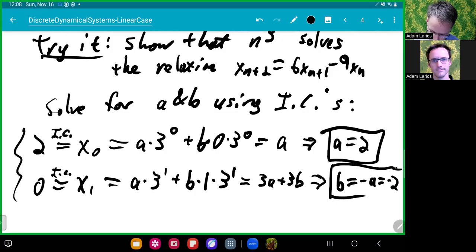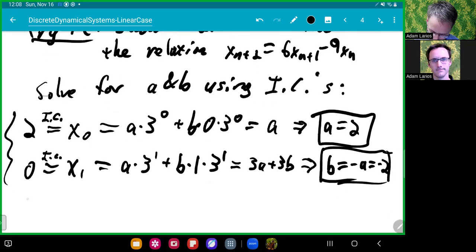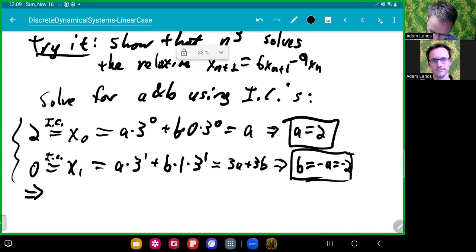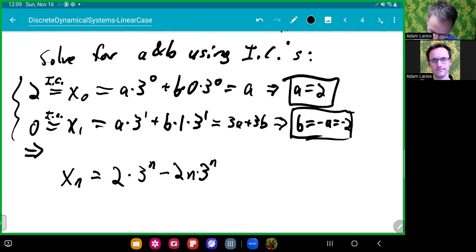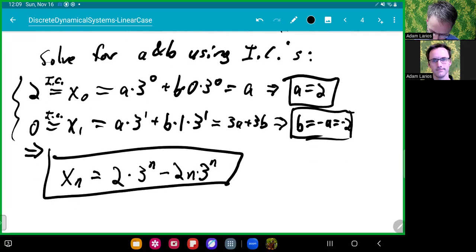So we get b fairly quickly as well. And this tells us that our solution to the whole system, which also handles the initial conditions, will be 2 times 3 to the n minus 2 times n times 3 to the n. So this is our final solution for this situation.